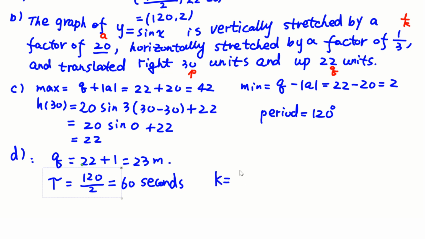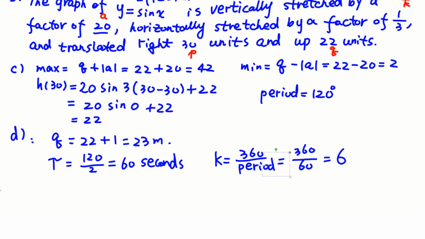K value is 360 divided by period. So it's 360 divided by 60. So 6 is your K value. So in 360 you have 6 cycles.